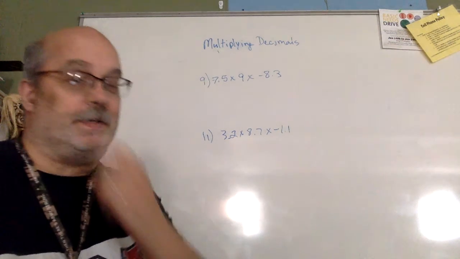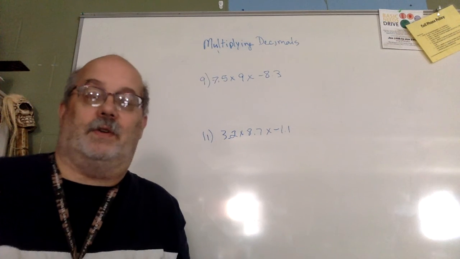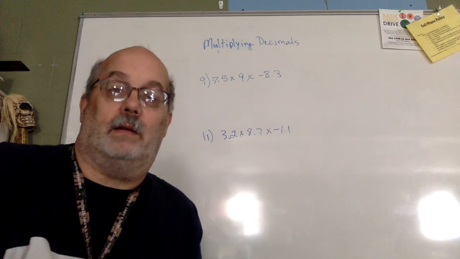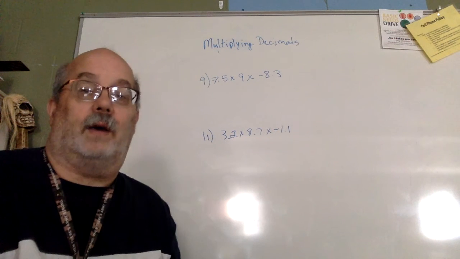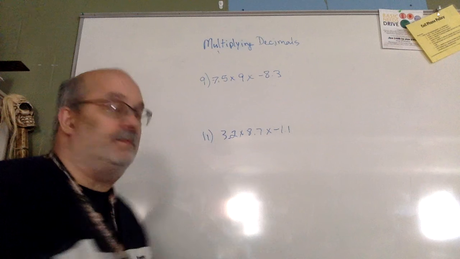So we got 3 numbers now. So we're going to take the first 2 and multiply them together first. So I've got negative 7.5 times 9.